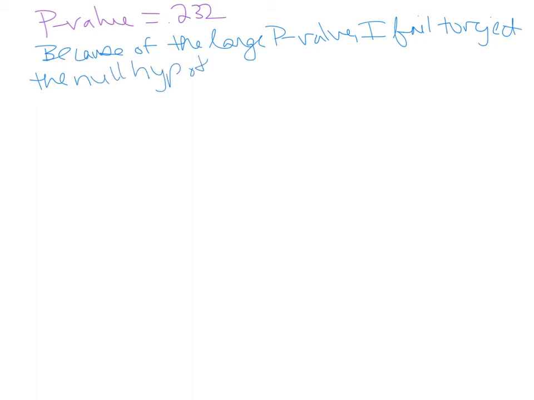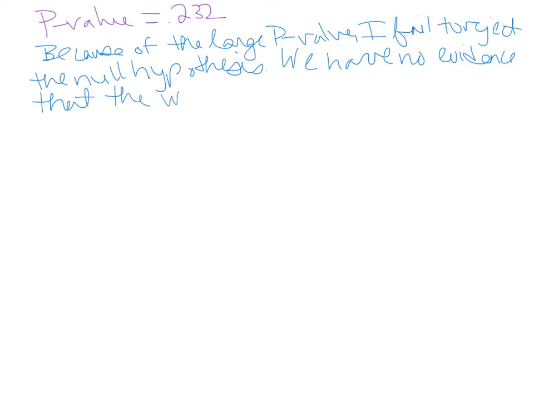And what that means is that we have no evidence that the width of the cubes is not 29.5. This doesn't necessarily mean that they are 29.5. We just know, we're pretty sure that we don't have evidence to say that they're not.